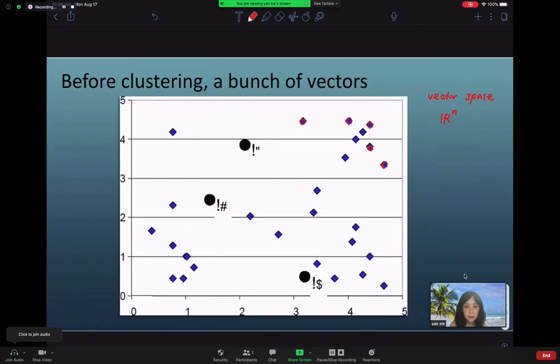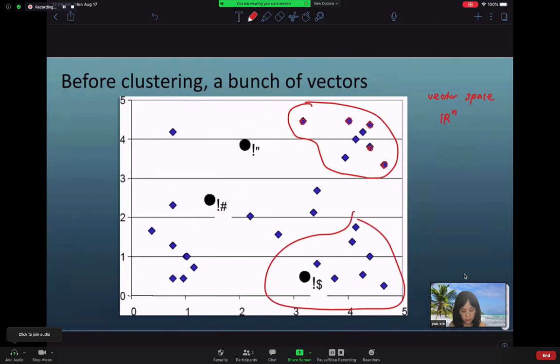But if you look at where they live in this high dimensional space, the digits that are similar to each other will be pretty close to each other. So based on that, can we cluster and divide these data points into groups such that the data points belonging to the same cluster are highly likely to be the same digit?